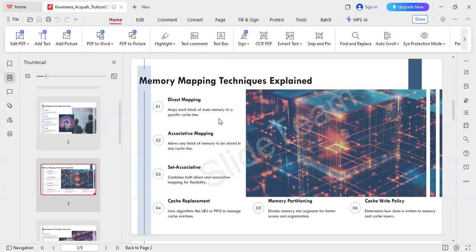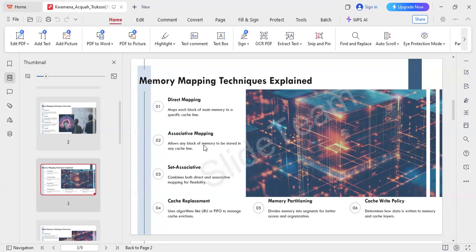So the usage of direct mapping: it is simple, but it can lead to conflicts if multiple needed blocks map to the same line.